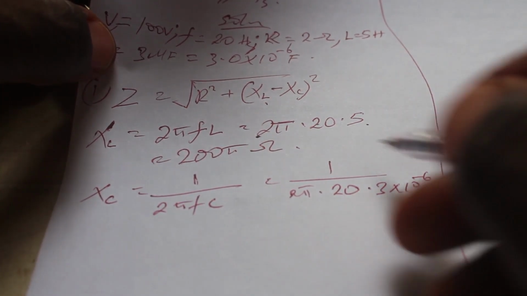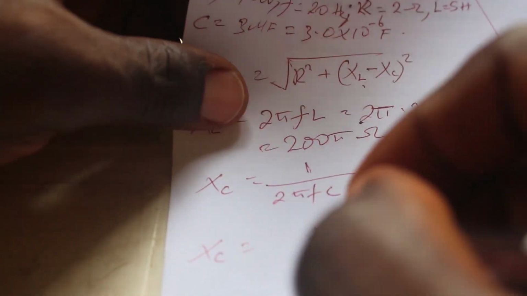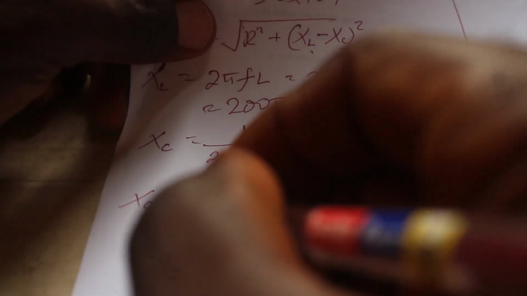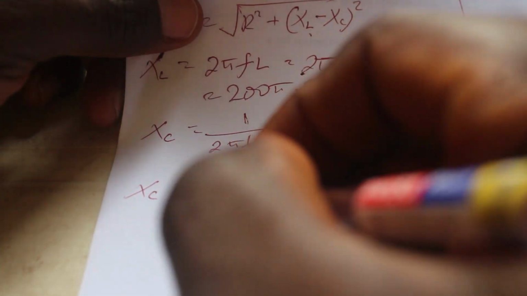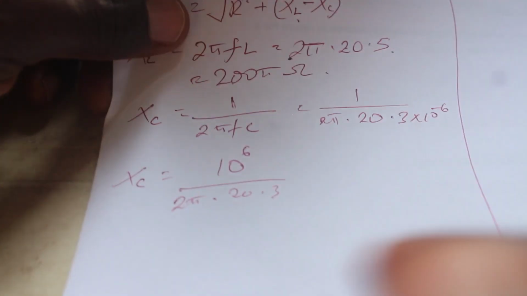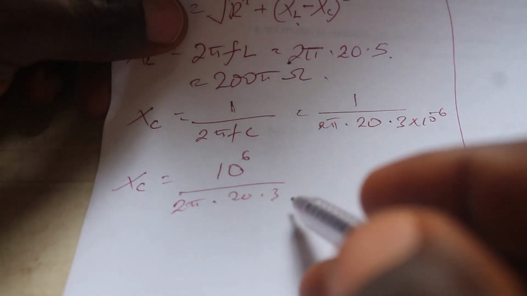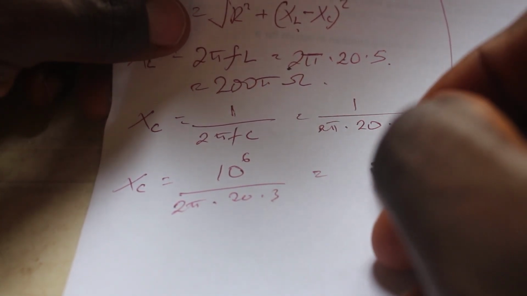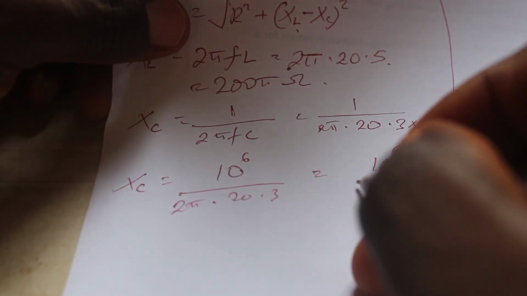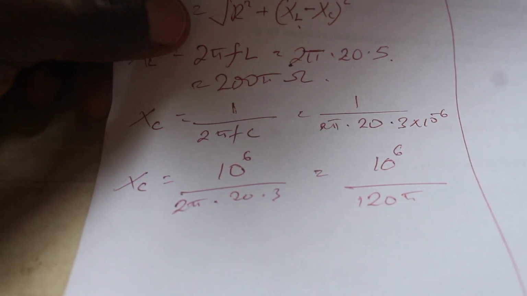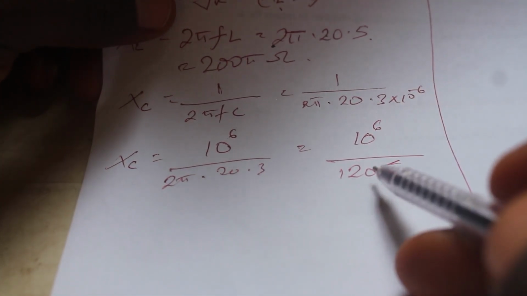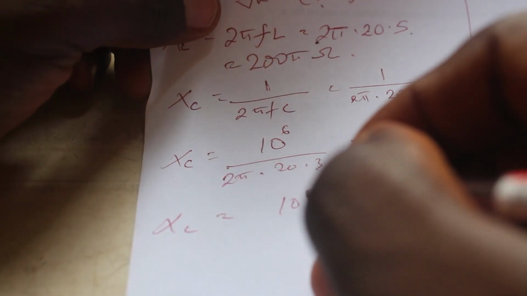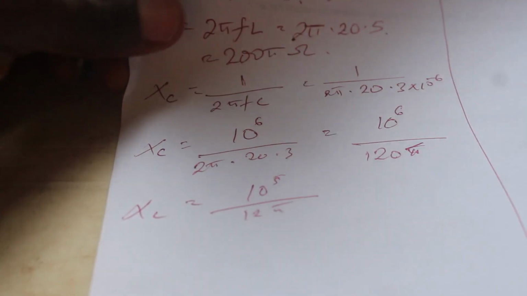So we take this 10 to the power of minus 6 upward, and so we have XC equal to 10 to the power of 6, once it goes up it becomes positive, and then divided by 2 pi multiplied by 20 times 3. 3 times 2 is 6. 6 times 20, that's 120. And so we have 10 to the power of 6 divided by 120 pi. Now, we take one of these zeros away. So we now have XC equal to 10 to the power of 5 divided by 12 pi.